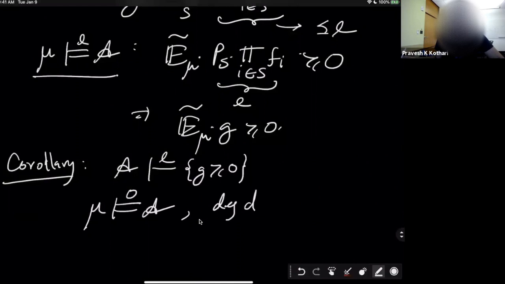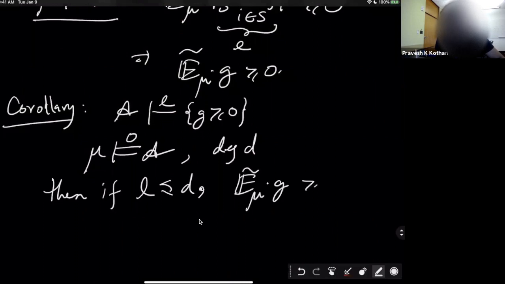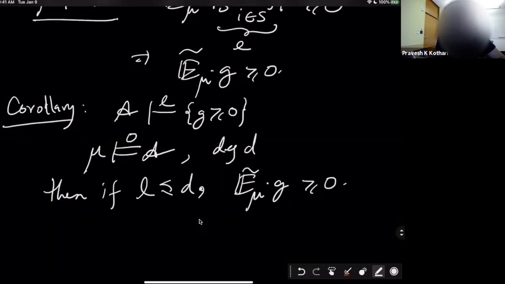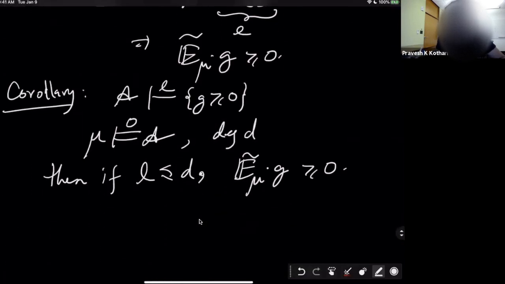This means that L is useless. This is basically the usual definition, the natural definition you would have come up with. Then if L is less than or equal to D... Let me just write this, because even I'm getting confused about the correct directions here. This might be the corollary to keep in mind.